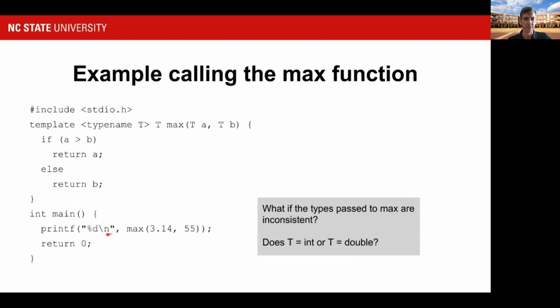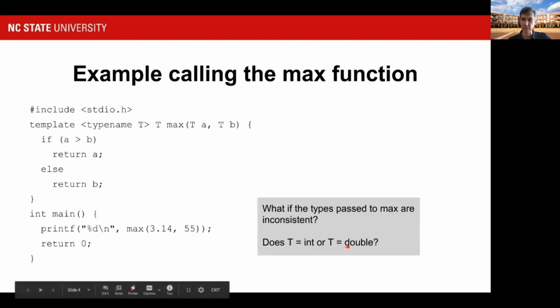So down here, this call in main, inside printf, I'm calling max, and the first argument is 3.14, and the second argument is 55. Now, according to the typing rules in C++, 3.14 is a double, and 55 is an int. And so then the question becomes, is T equal to int, or is T equal to double?